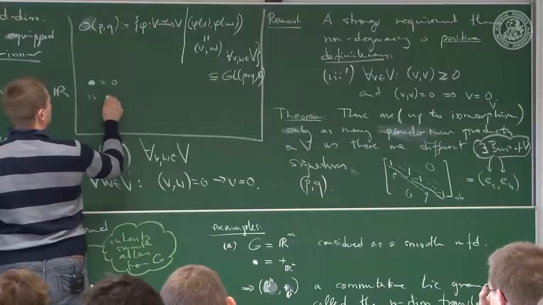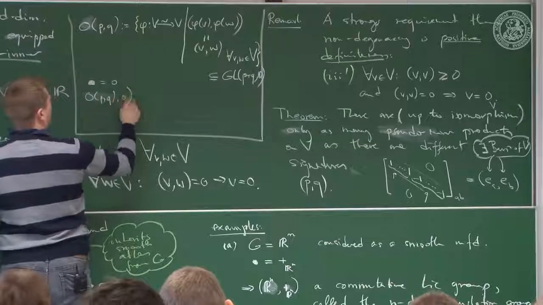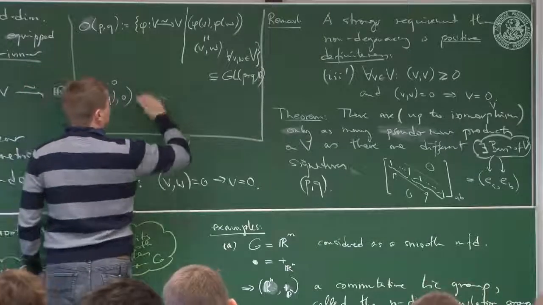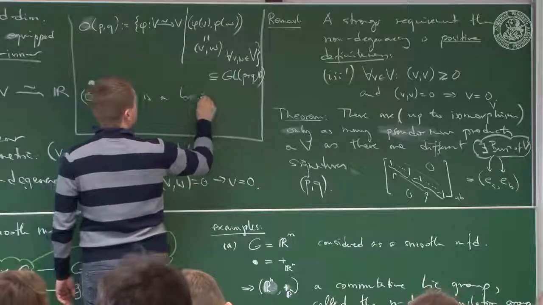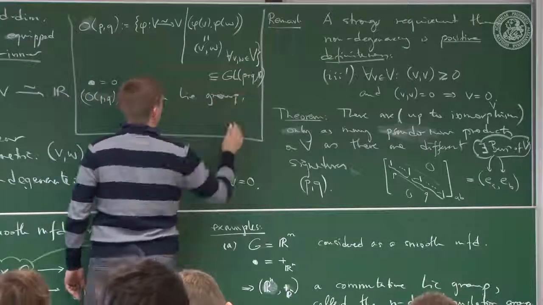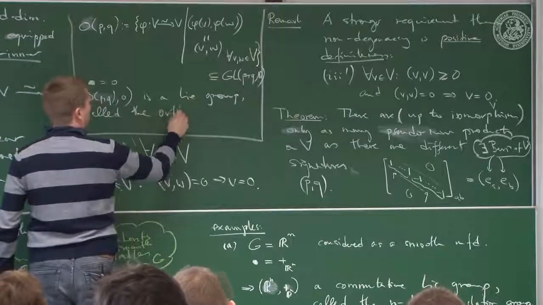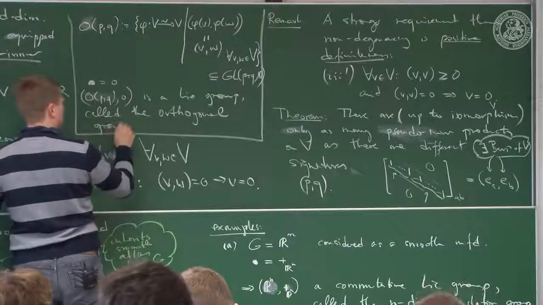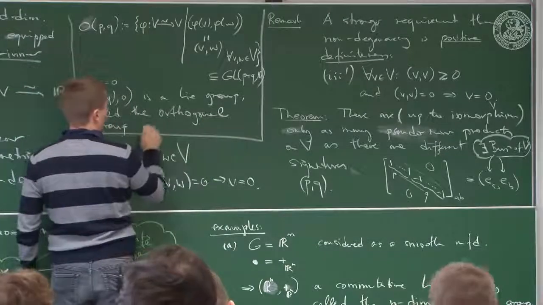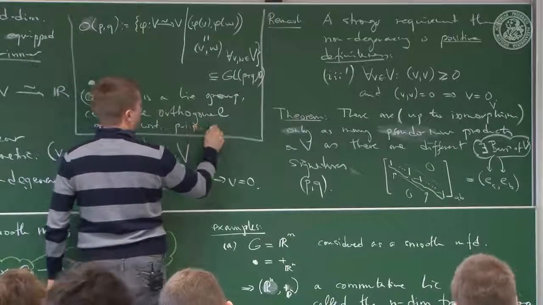So O(P, Q) with the composition is a generically non-commutative Lie group called the orthogonal group with respect to the pseudo inner product.